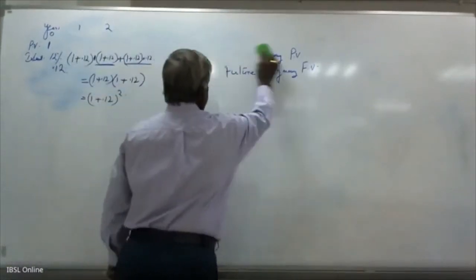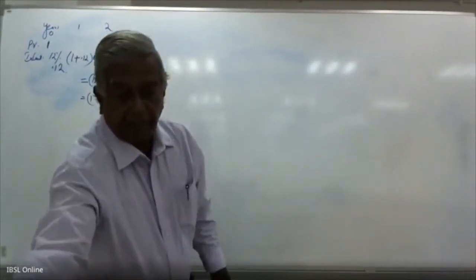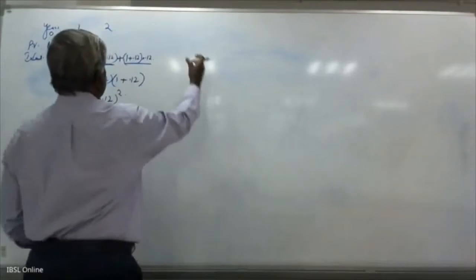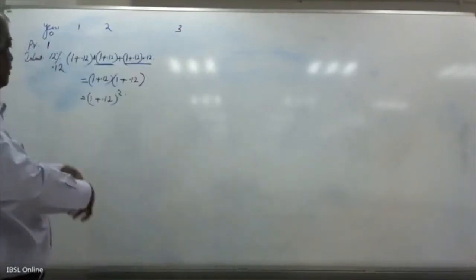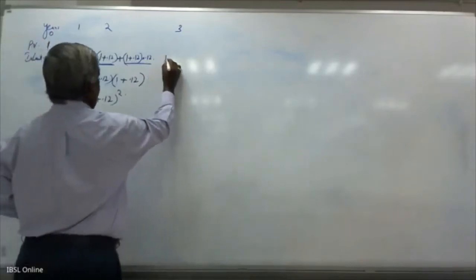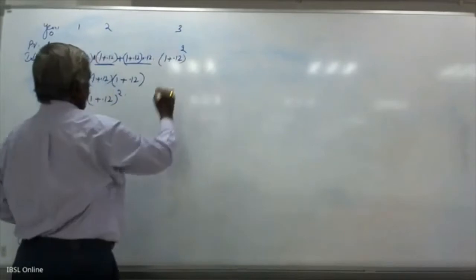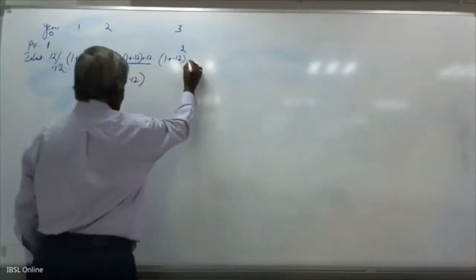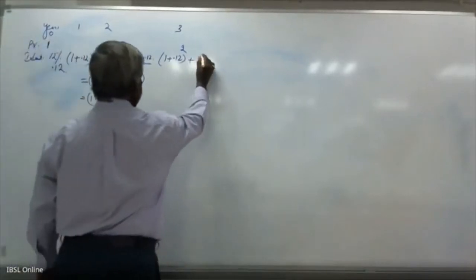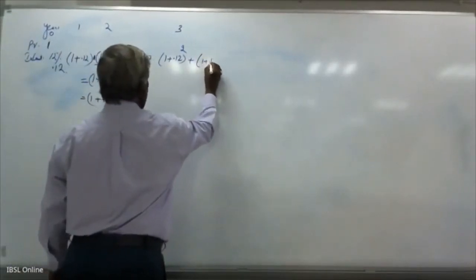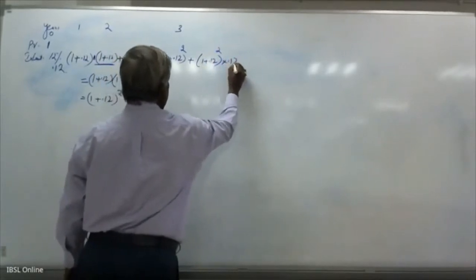In the third year, with automatic renewal, 1 plus 0.12 to the power 2 is the capital, plus interest from this capital, that is 1 plus 0.12 to the power 2 into 0.12.